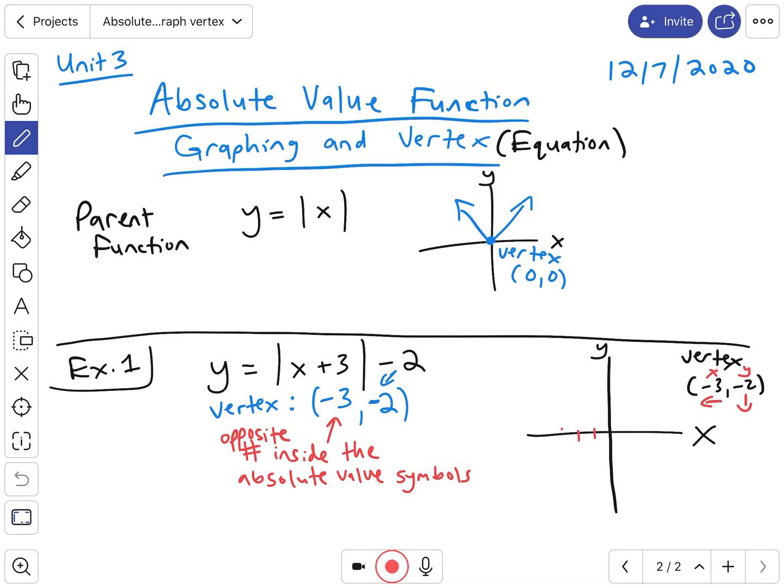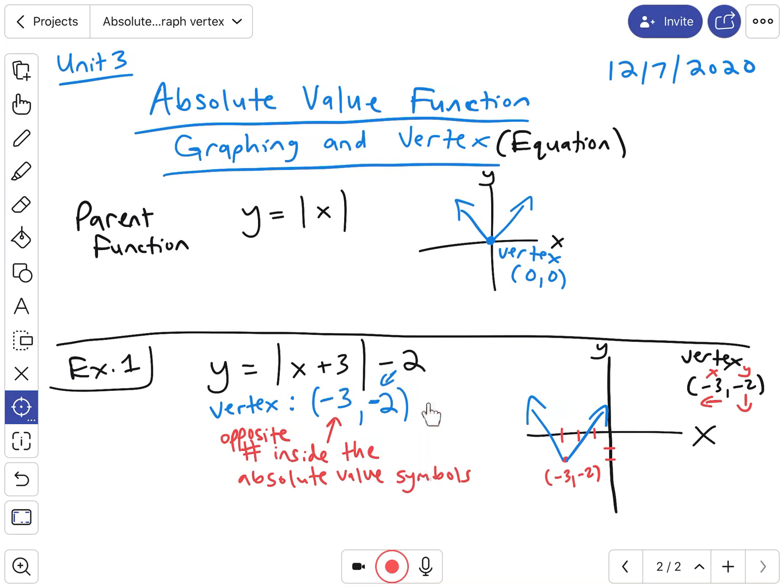So if I go left 3, that's here, and I go down 2, that's here. So right here is the vertex, negative 3, negative 2. And then from there you could do the general V shape. We're going to get more precise as time goes on, but the main thing is to understand where the vertex is, and it's right there from this equation.